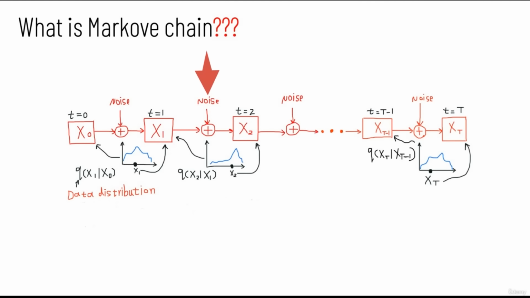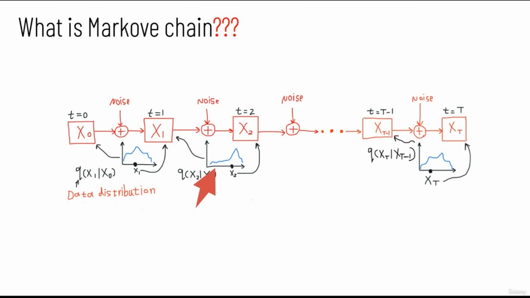We will add another Gaussian noise to each pixel in our x1 image. And we will get x2 image. And now we are at time step 2. And this x2 image, we will take it from this distribution.